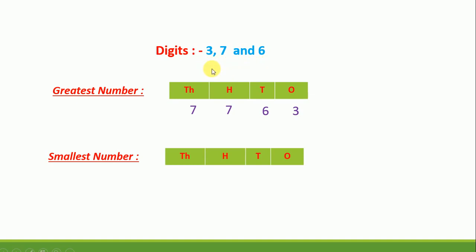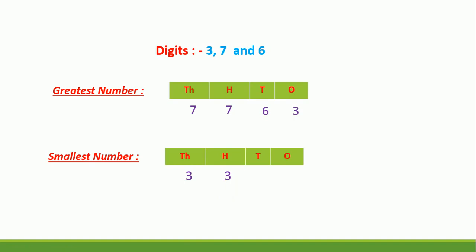Here again 3, 7, 6. Which is the smallest one? Yes, 3 is the smallest one, right? So the 3 can be repeated 2 times. So the 3 we will write in the thousands place as well as in the hundreds place.